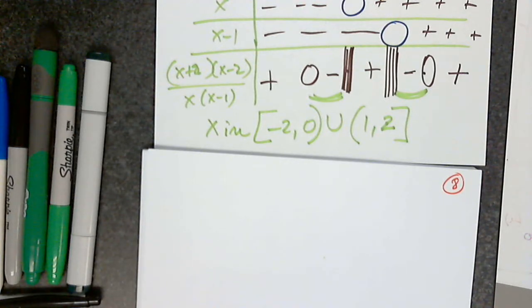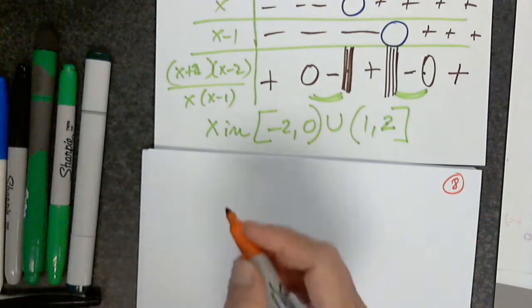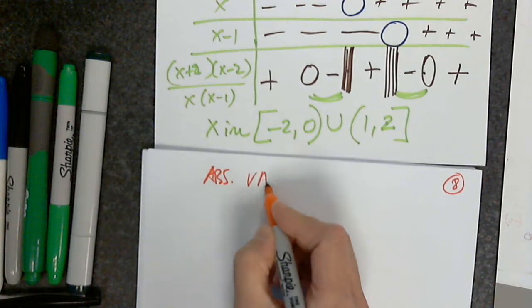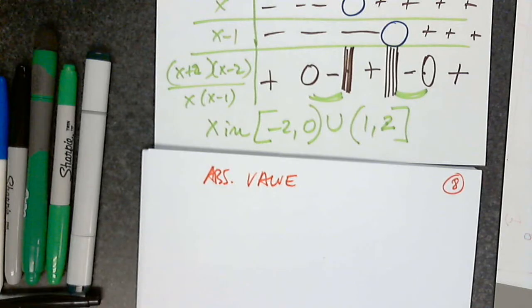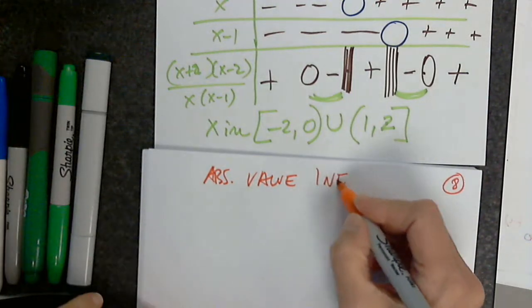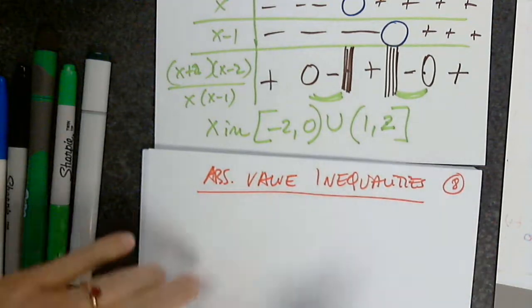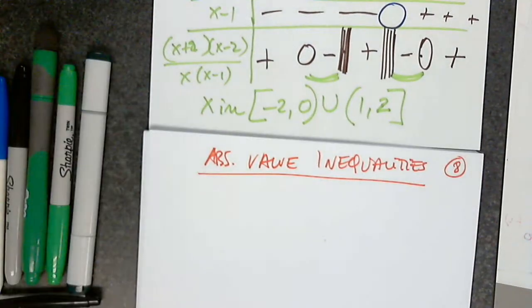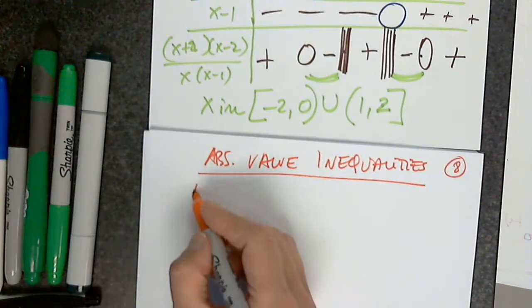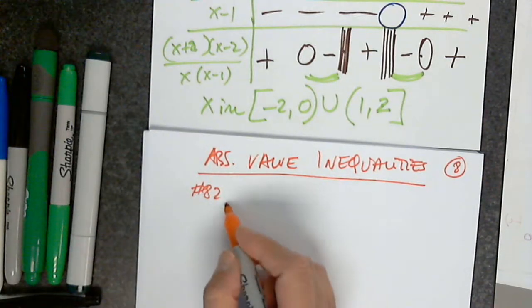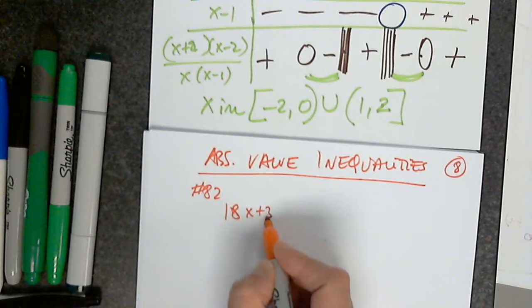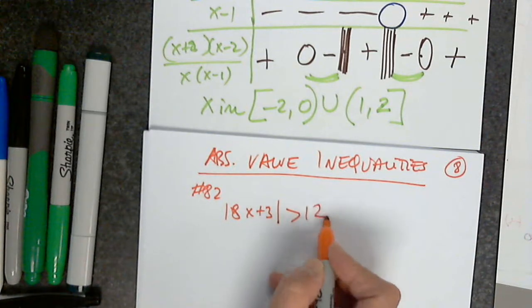Okay, so let's look at absolute value inequalities. Okay, so I'm going to pick one, let's say 82. You can pick another if you want. So |8x + 3| > 12.